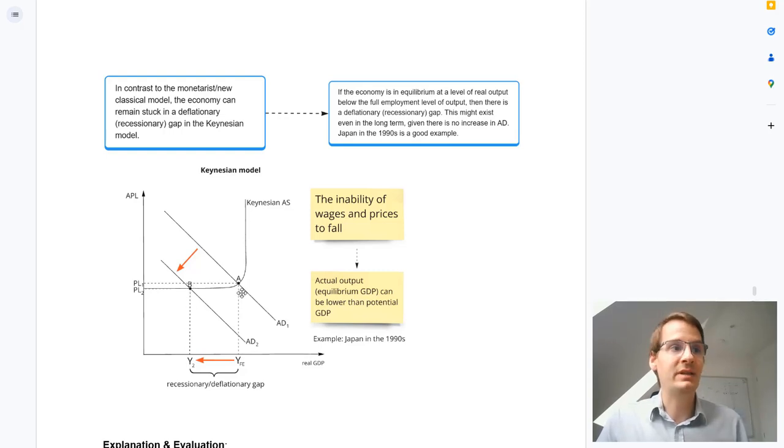Why is that? It's because if AD is falling and firms are losing revenues all around the economy, then they need to cut the costs. But unfortunately, they cannot cut the wages because of many reasons: minimum wage laws, workers' contracts, or labor union power. And for these reasons, it's simpler, easier, and quicker to just lay off the workers if they want to cut the wage costs.